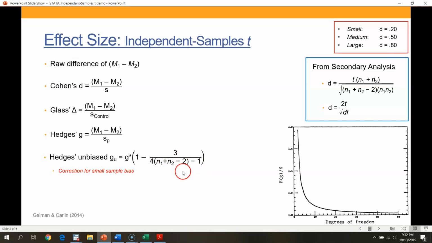What this is going to do is give us a decimal that provides a downward correction for the g that we calculated here. So these are our options in terms of effect sizes. Whenever we're running these, we want to be specific about which effect size we're calculating and why we've chosen that.